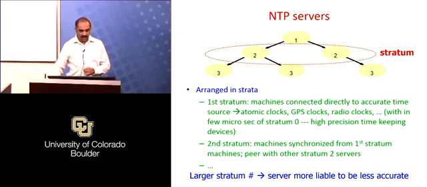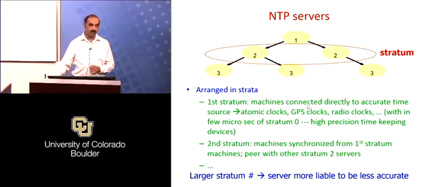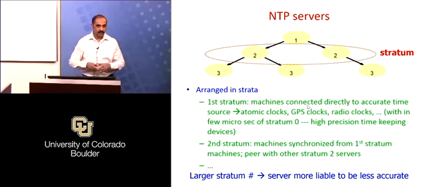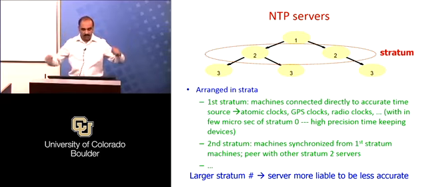Okay. So stratum 1 are basically the machines that are directly connected to these time sources. Okay. So these are the servers that are directly connected to atomic clocks, or they have GPS clocks, radio clocks.